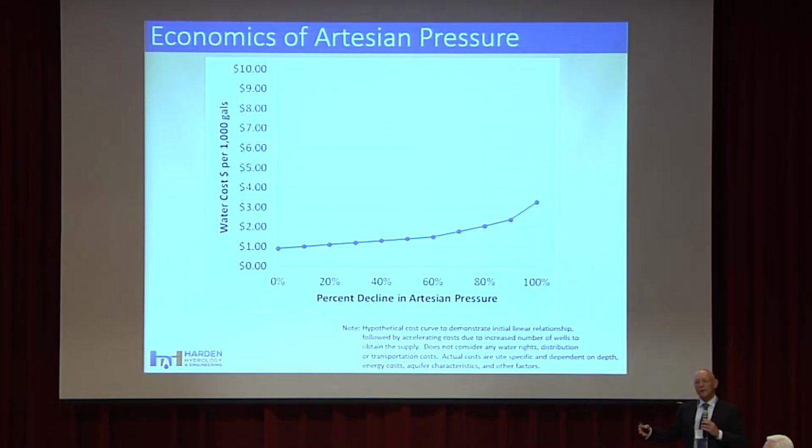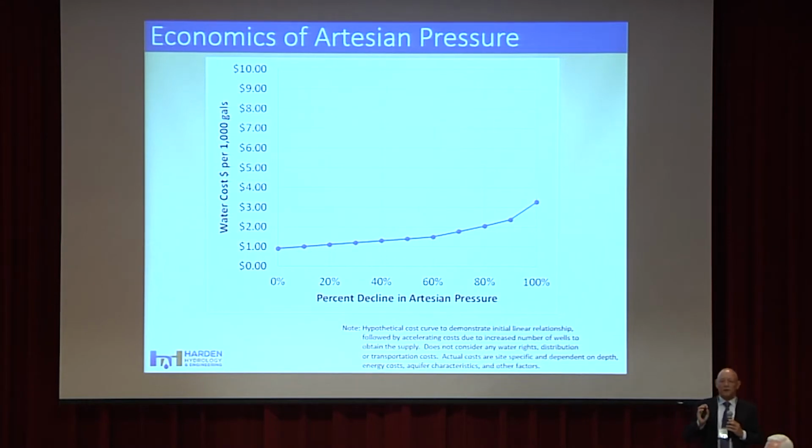When you start eliminating all of the pressure and then start desaturating the water table or the pore water storage, you start to enter into an exponential economic relationship. The farmers in the Ogallala and the municipalities in the Ogallala, they are faced with these same economics.